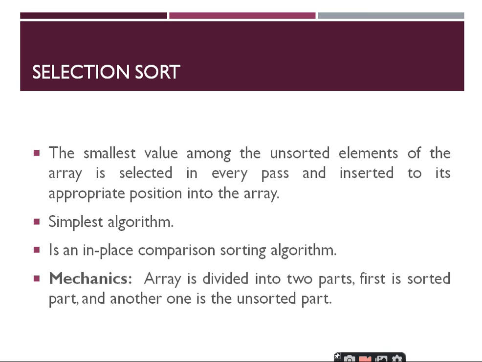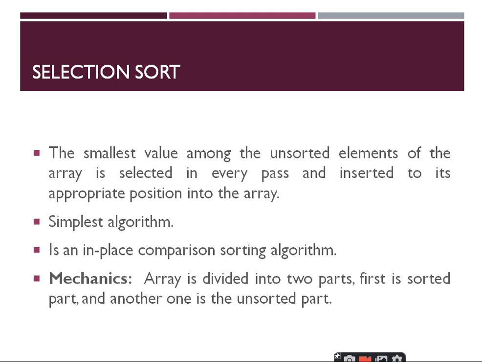That means we pick the smallest among all the elements in the given list, and with every pass, we insert it into the appropriate position. This is a simple algorithm, an in-place comparison sorting mechanism.